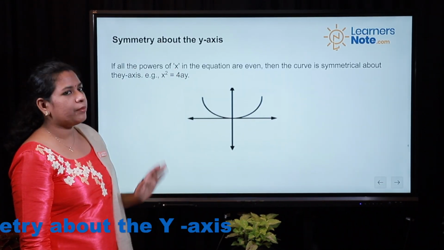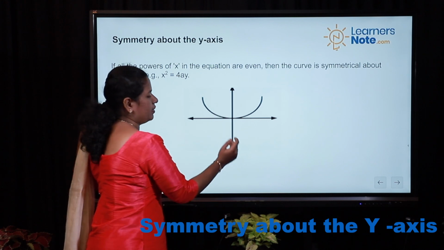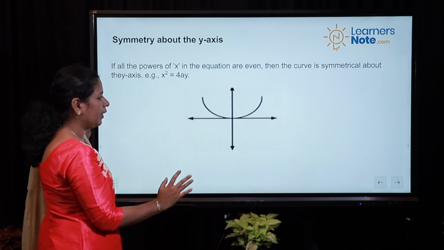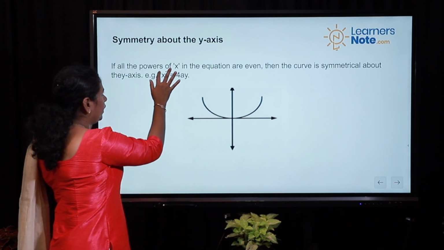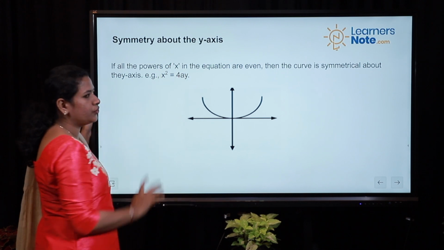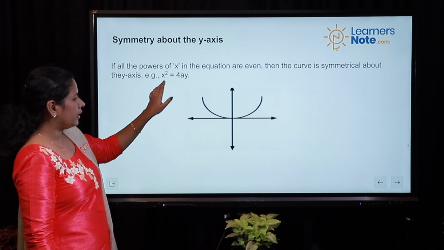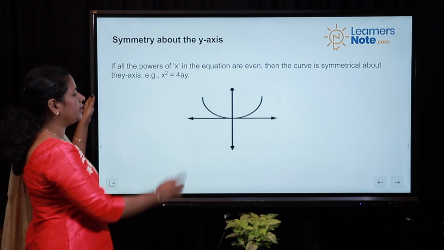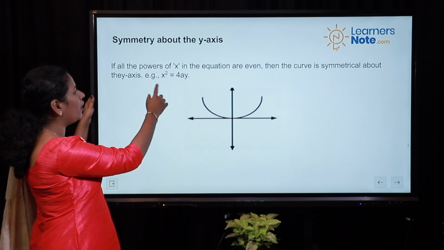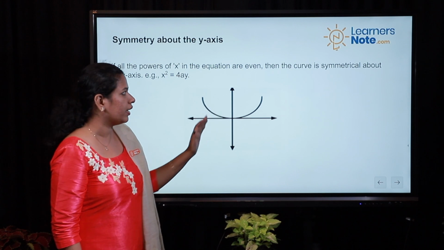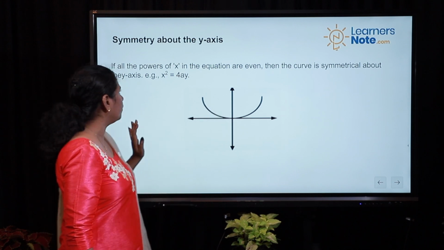Then next is symmetry about the y-axis. This is the y-axis. You can see the y-axis here. So if you get an equation like this, x square is equal to 4ay, you have to check the power of x. If the power of x in the equation is even, then the curve is symmetrical about the y-axis.